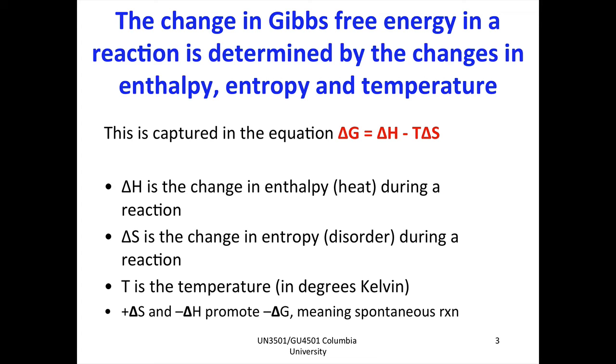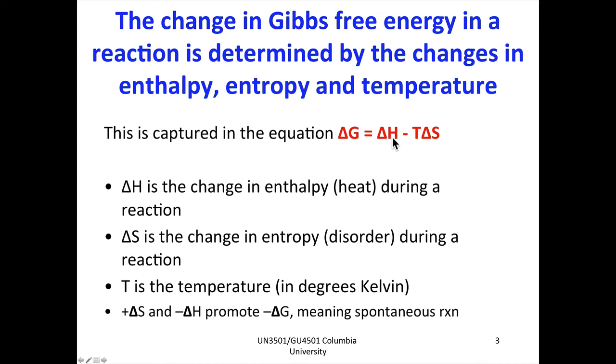Anytime you have more disorder, you're going to have an increase in delta S. And because there's a negative sign in front of delta S, that ends up making delta G more negative, because we're subtracting this value from delta G. So more disorder means a more negative delta G, means a more favorable reaction.